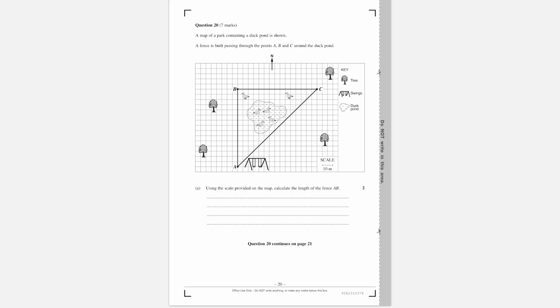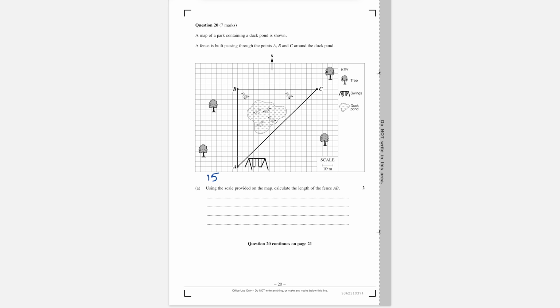All right, so we can just count up the squares here. 1, 2, 3, 4, 5, 6, 7, 8, 9, 10, 11, 12, 13, 14, 15. So I count 15 squares. I'm just going to write that. 15 squares.